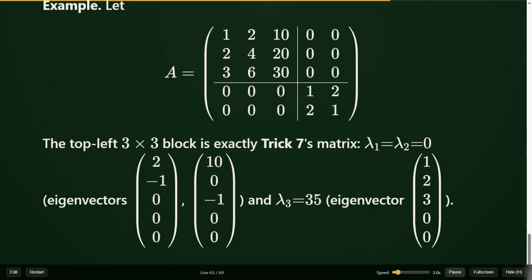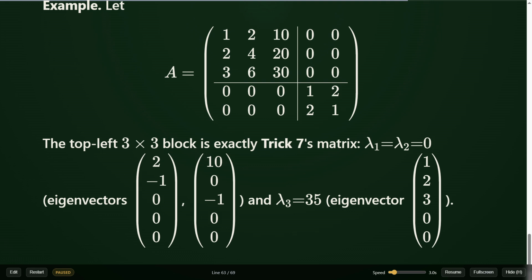Now, because the remaining last two rows are 0, the first three entries are 0, therefore the eigenvalues for the 3 by 3 matrix are going to be lambda 1 equal to lambda 2 equal to 0, and lambda 3 is going to be equal to 35, and therefore the corresponding eigenvectors will be 2, minus 1, 0, 0, 0; 1, 0, 0, minus 1; and 1, 2, 3, 0, 0, which we have already found out.